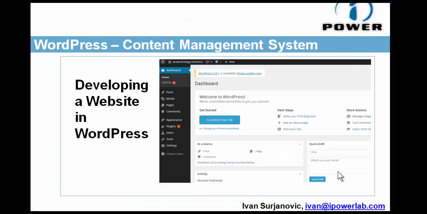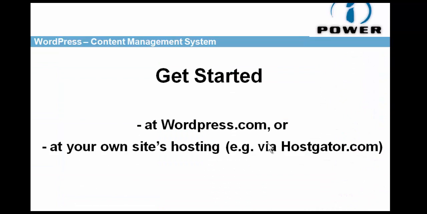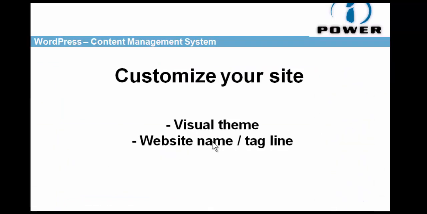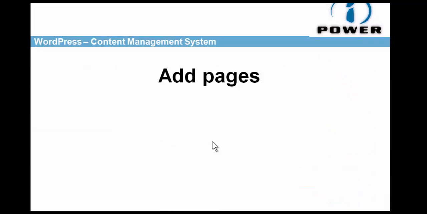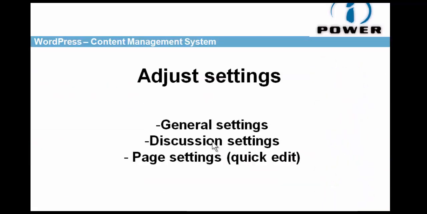So this is about it. You just learned how to get started with WordPress, a content management system, be it at WordPress.com or at your own site's hosting; how to customize your website, change the theme, choose the website name and tagline, add new pages, change the menu, which is very important, and adjust settings. Don't forget to adjust the discussion settings.